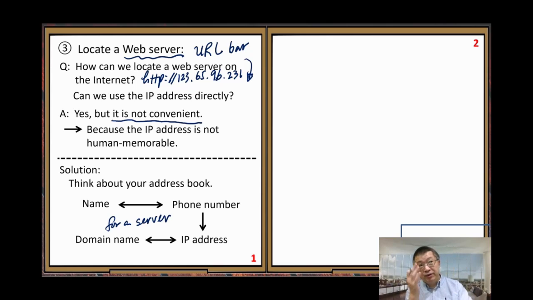For example, Google, Yahoo. They have their domain names. Here, we use that domain name concept to make our web surfing life easier, through IP addresses.